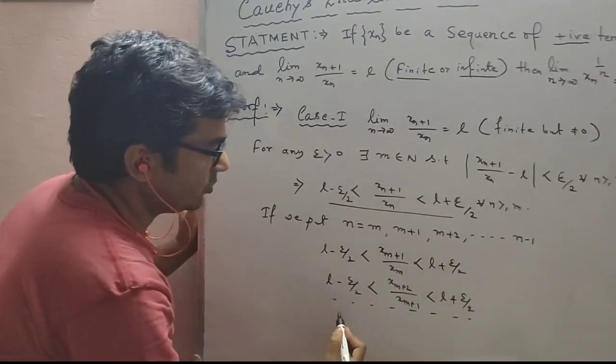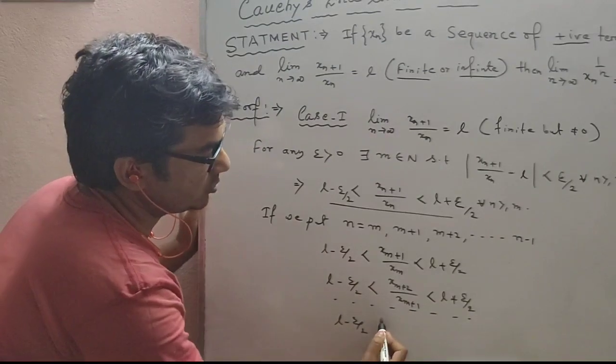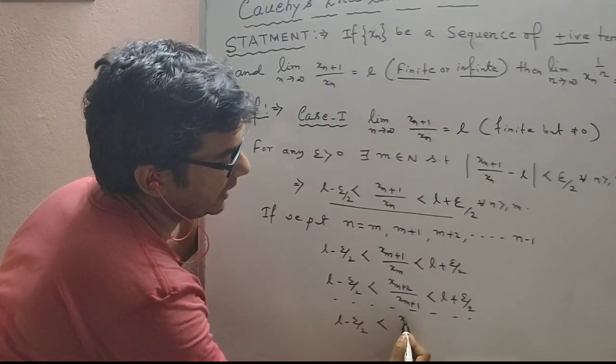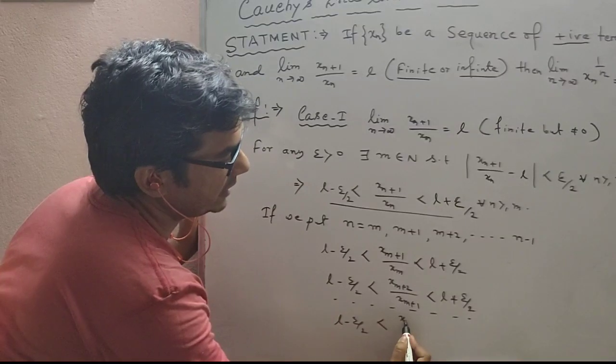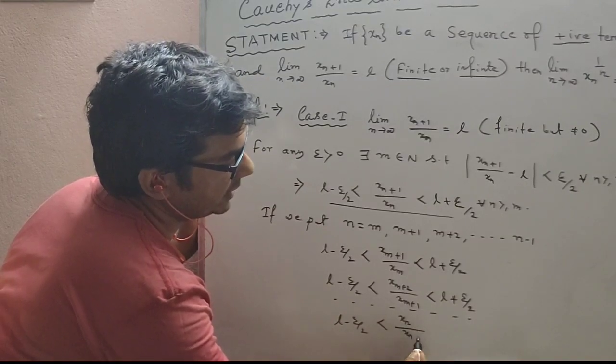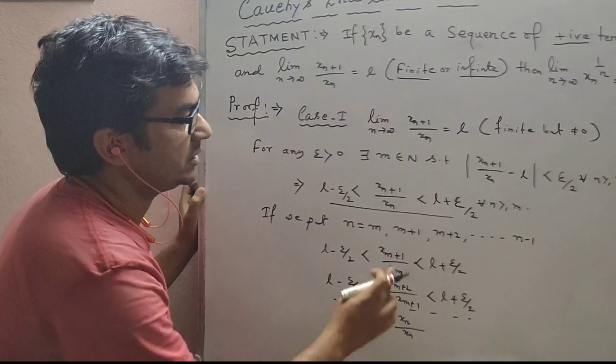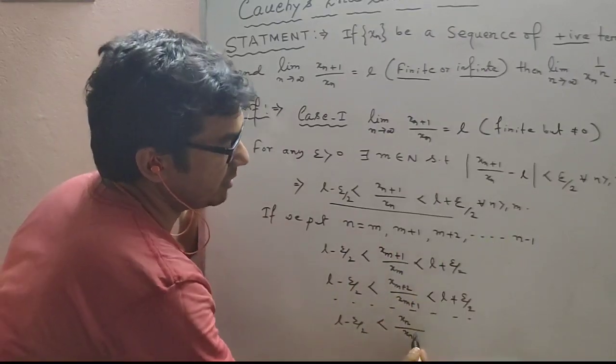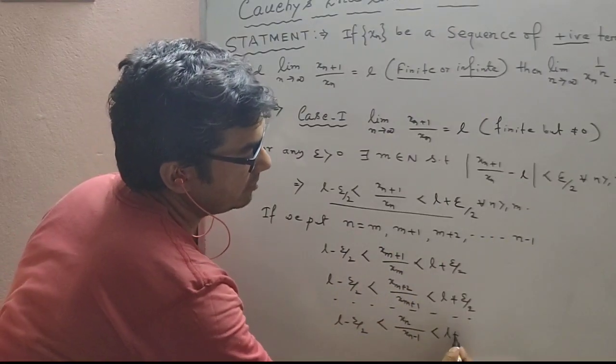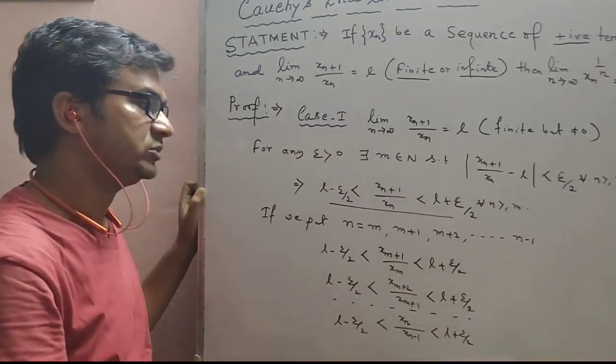And in this way, we get L minus epsilon by 2 less than xn by xn minus 1 less than L plus epsilon by 2.